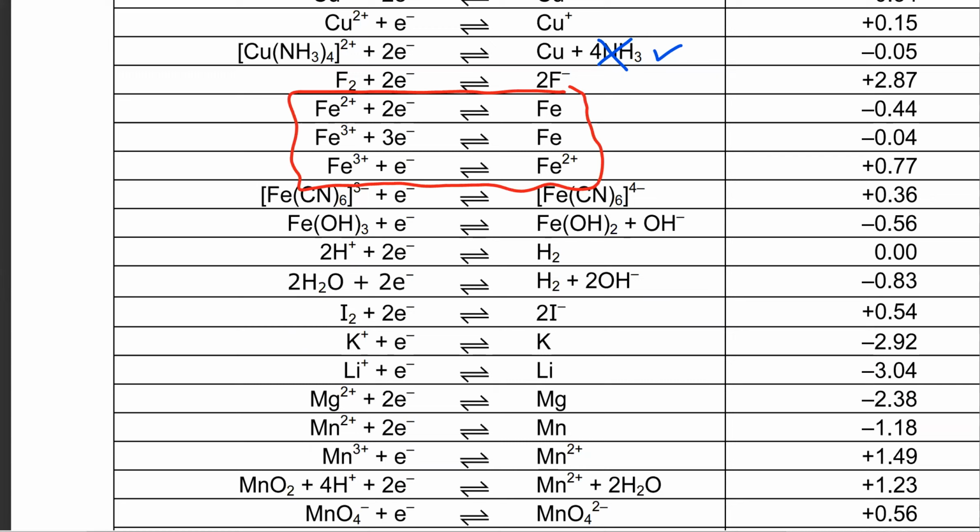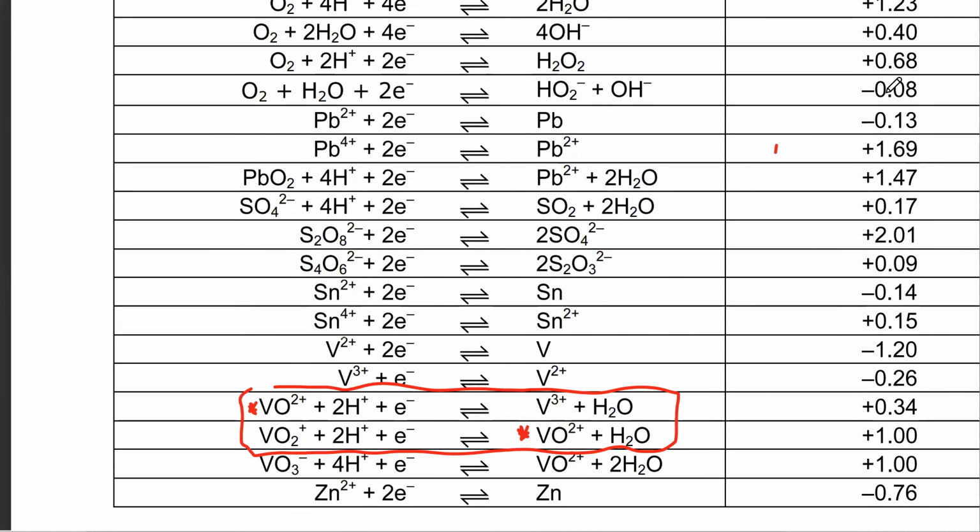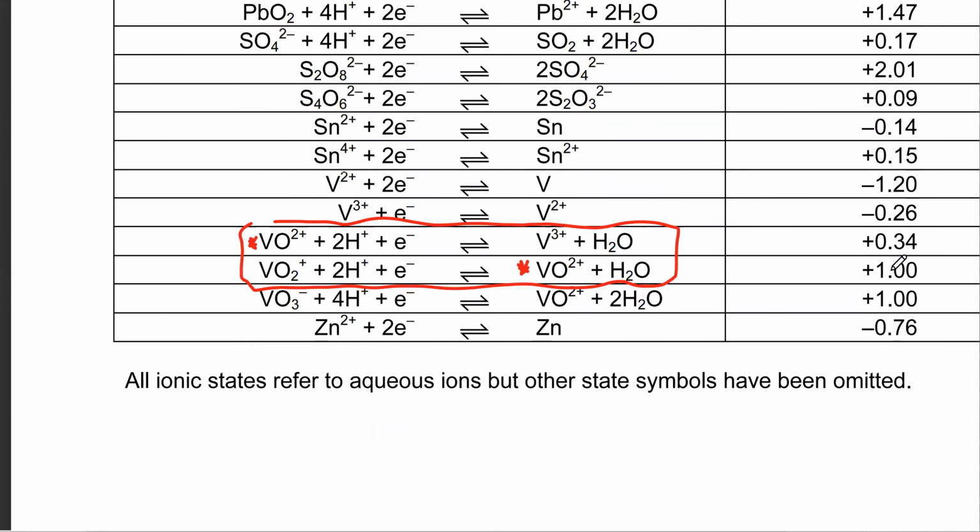So who gains electrons? Remember, this is 0. These are 0.77. So who gains electrons? The highest potential goes to probably which one? 1. This is the highest potential. So this is the one that's going to gain electrons, but you can't select that, and the reason is you don't have this species.